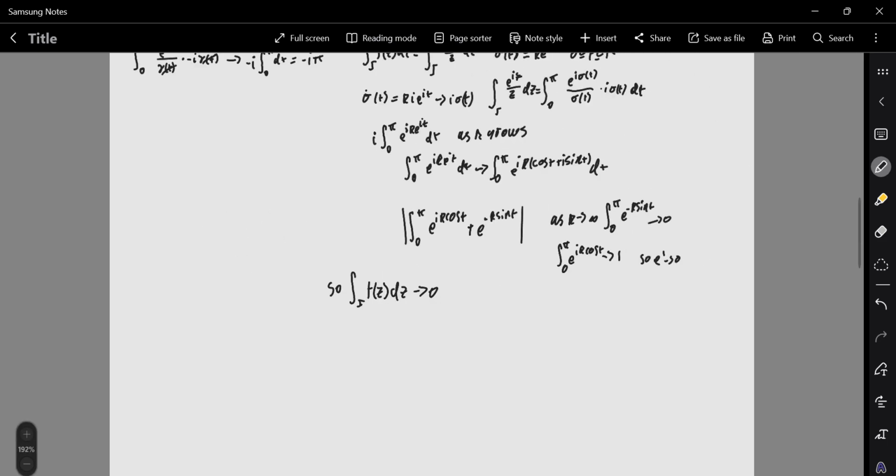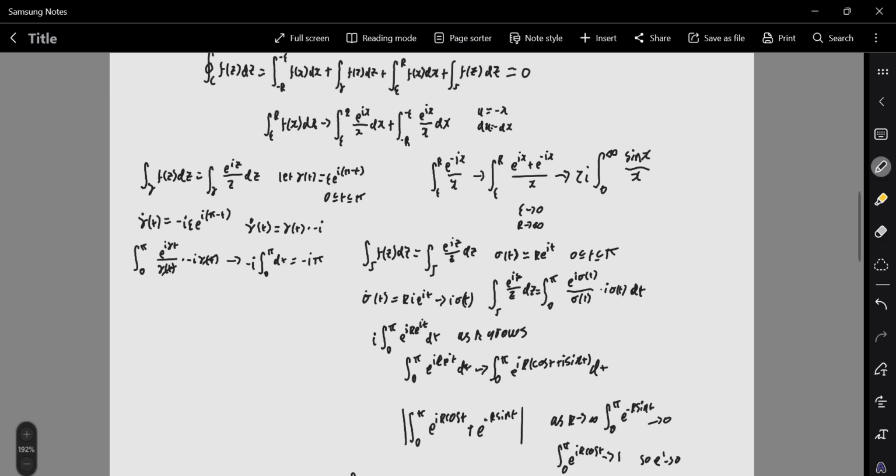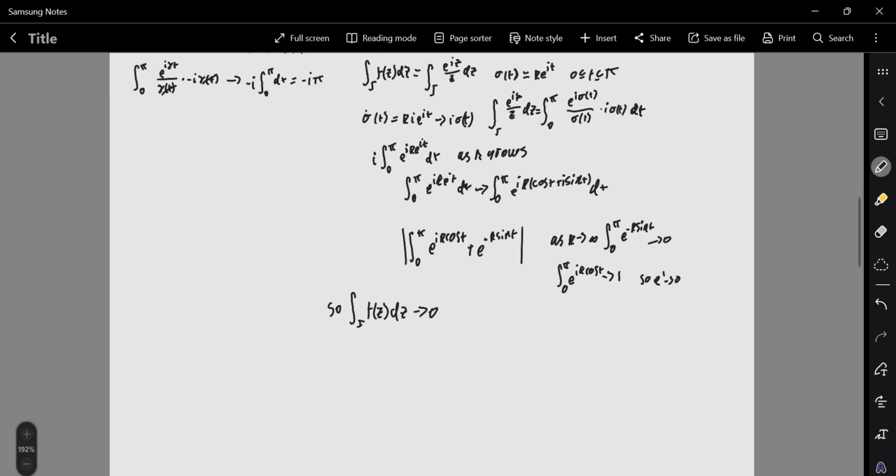Brilliant. Cool. So now we can add up what is left of our contours.